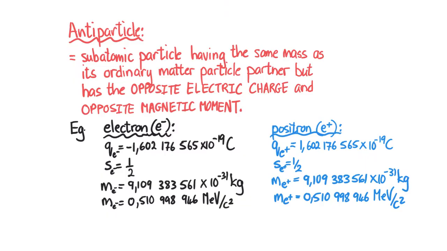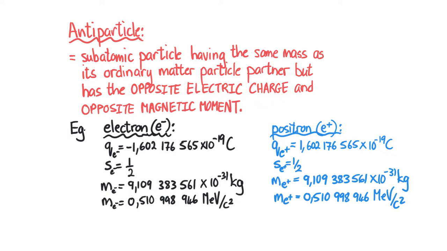So we've mentioned antiparticles, so let's formally discuss them. An antiparticle is a subatomic particle having the same mass as its ordinary matter particle partner, but has the opposite electric charge and opposite magnetic moment.